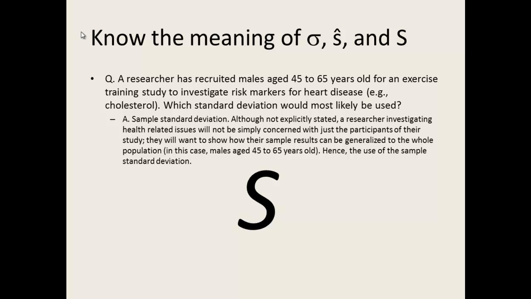Although it's not explicitly stated, a researcher investigating health-related issues will not be simply concerned with the participants of his or her study. These researchers will want to know how their sample results can be generalized to an entire population. In this case, the population is males aged 45 to 65 years old. Hence, this researcher's descriptive should be a sample standard deviation, represented by a capital italicized S.